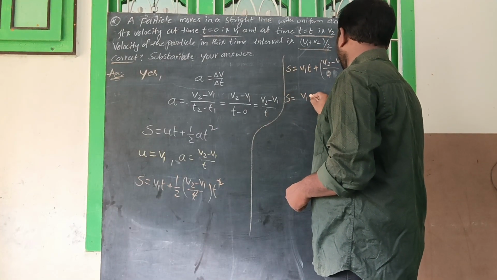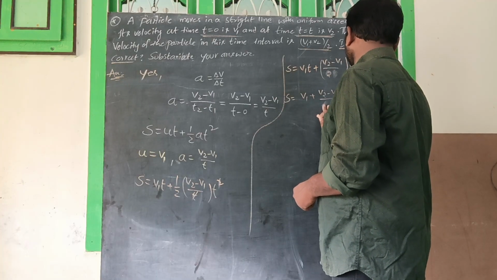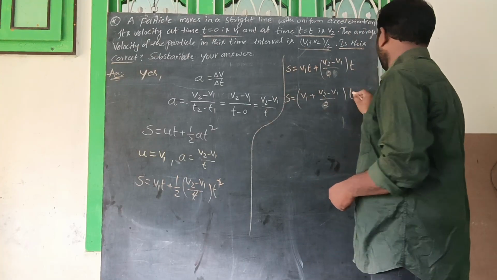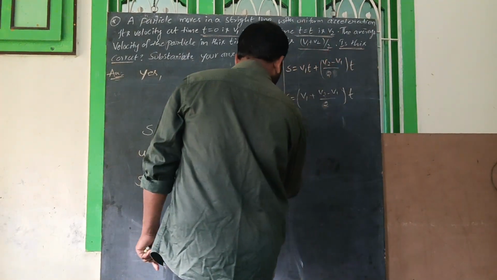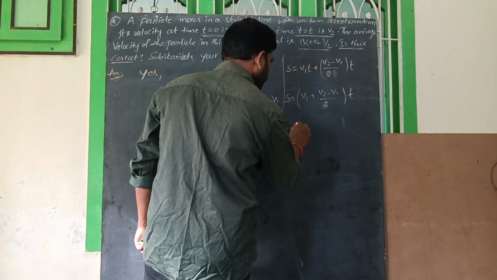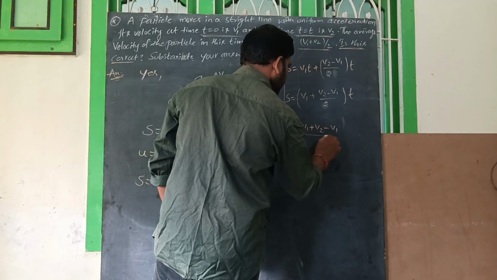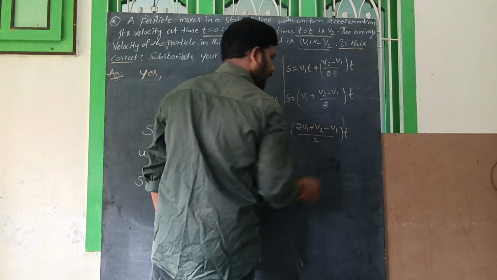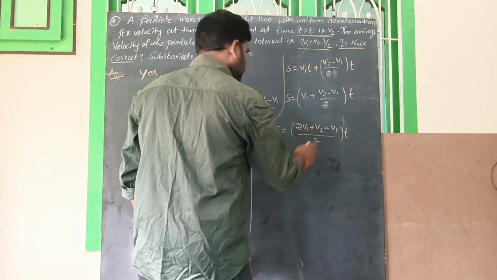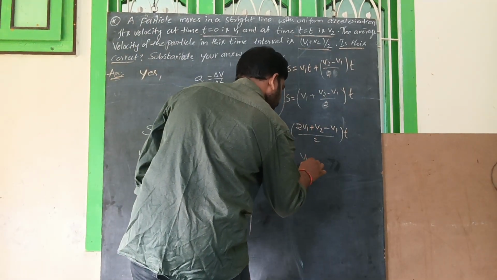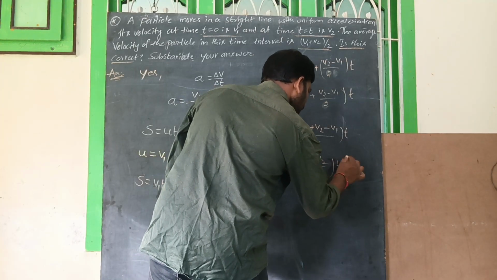Then we take the LCM 2, so S is equal to (2v1 plus v2 minus v1) by 2 into t. Here 2v1 minus v1 is v1, so S is equal to (v1 plus v2) by 2 into t.